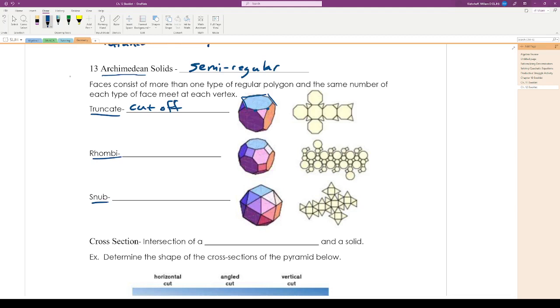Rhombi is like rotated, I think. I don't really know. This is beyond where I go in 3D shapes. So you can see that these shapes, like if we look at this pattern here and this pattern here, they're like rotated relative to each other. And then snub is like rounded off, I think.